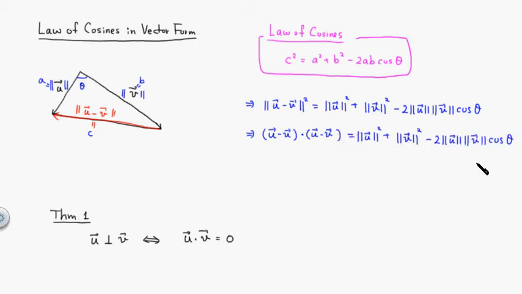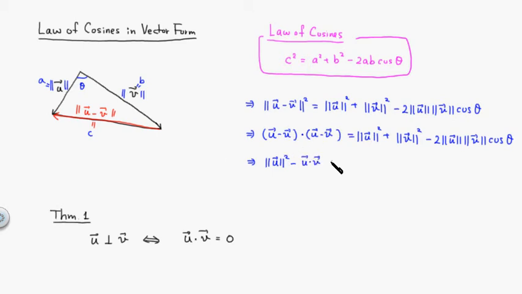If you multiply this out using the distributive law, you have vector u dotted with vector u, that's the norm of u squared. Then u dotted with negative v, so it's u dot v with a negative sign.